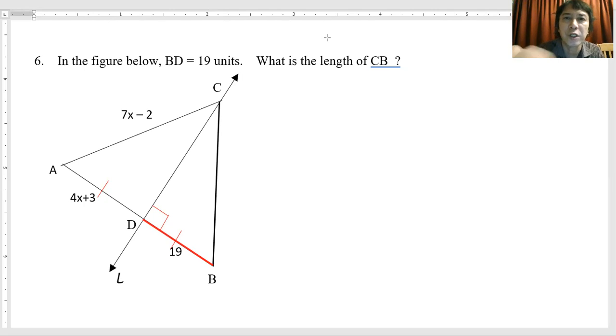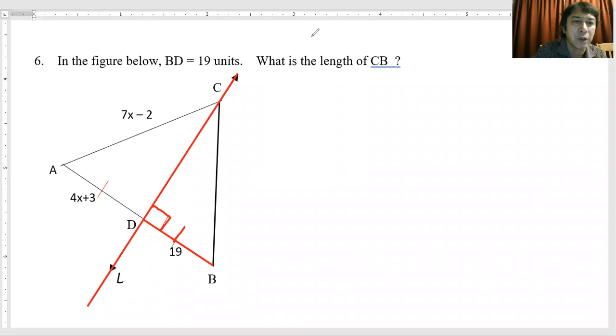We can also see the other markings. This means 90, and so this line L is a perpendicular bisector. It divides AB at right angles and into 2 equal parts.